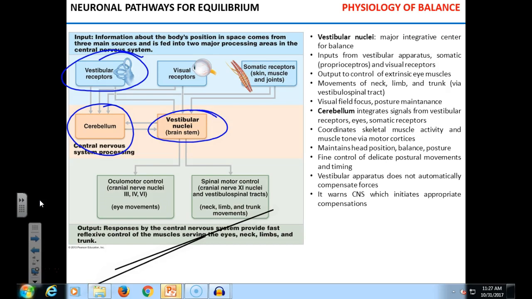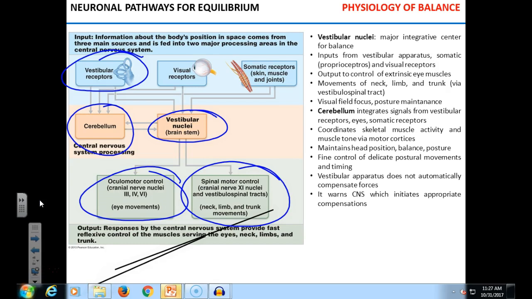Now, vestibular nuclei then distribute that information through the oculomotor nerve to the eye. Now, oculomotor, abducens, and trochlear, and through the spinal nerves and the cranial nerve 11, the accessory nerve, to the muscles of the neck, limbs, and trunk.